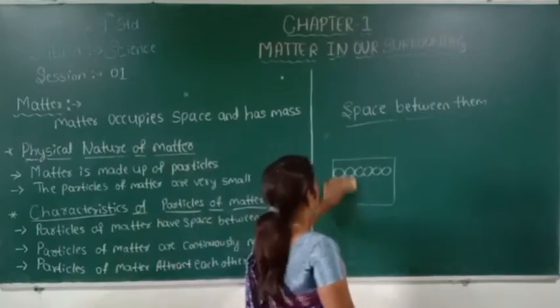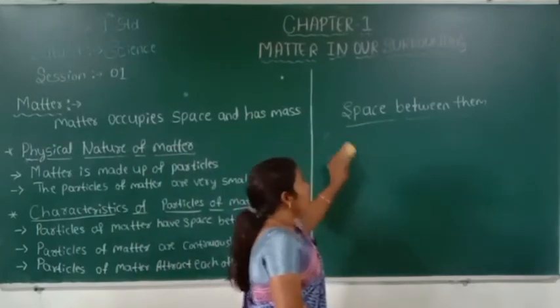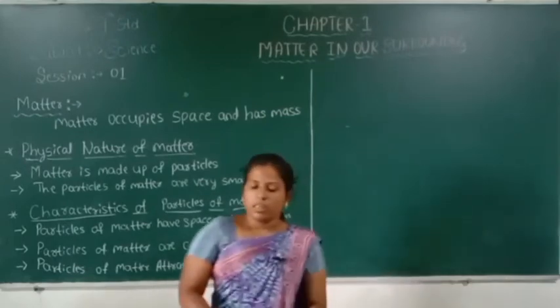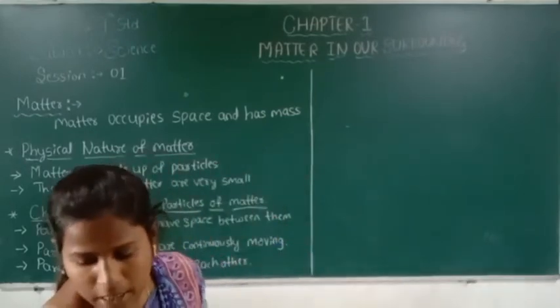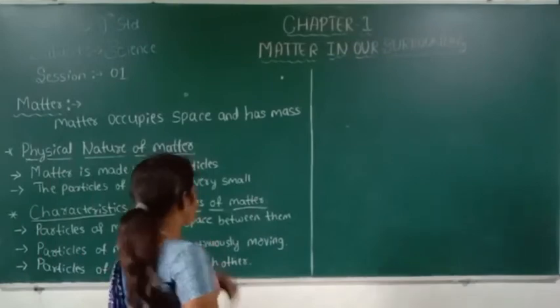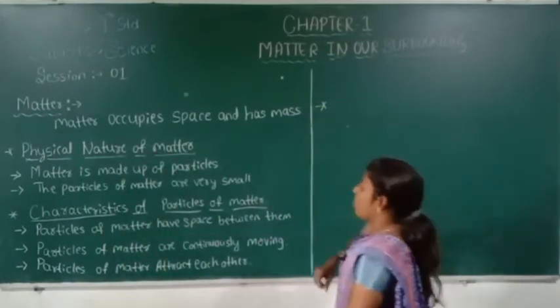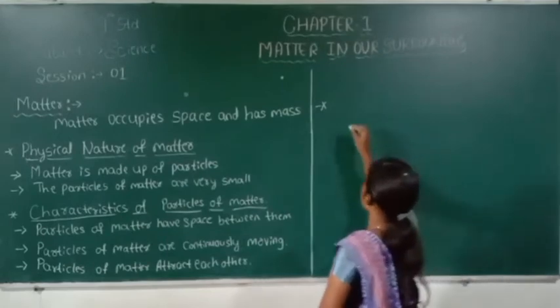So next property, have you understood this? The particles of a matter have space between them. So next property: particles of a matter are continuously moving.